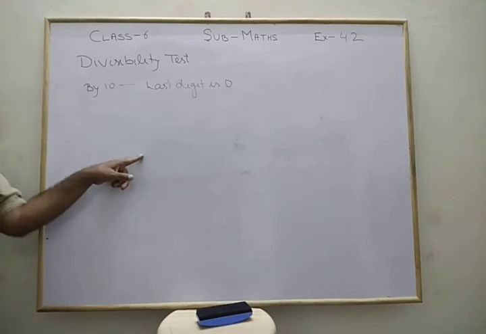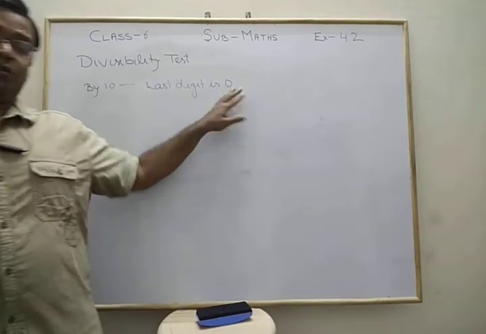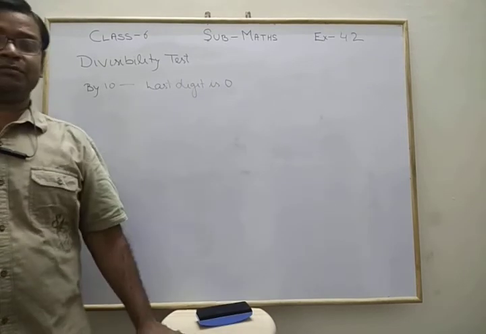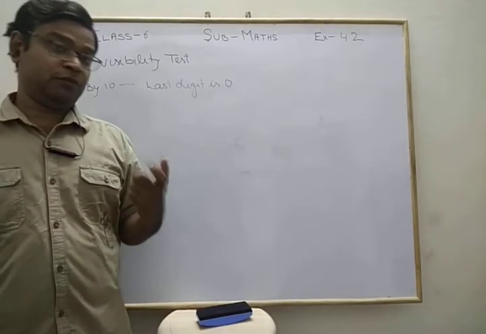If 0 is at the last digit, the number is divisible by 10. It's the most interesting and easiest one.